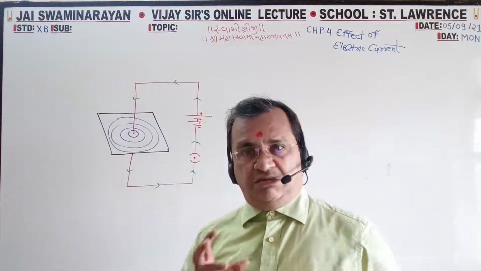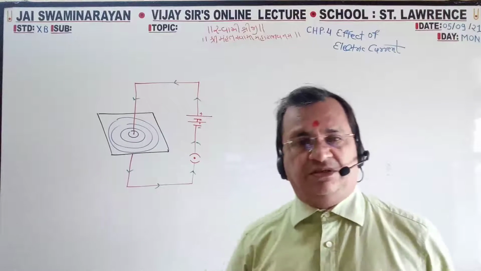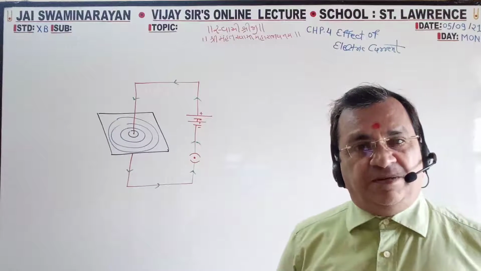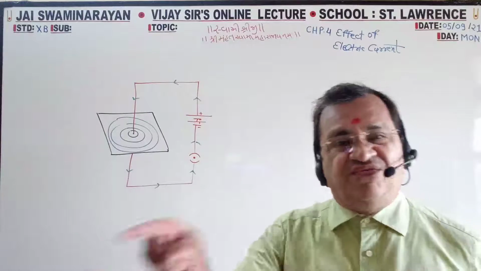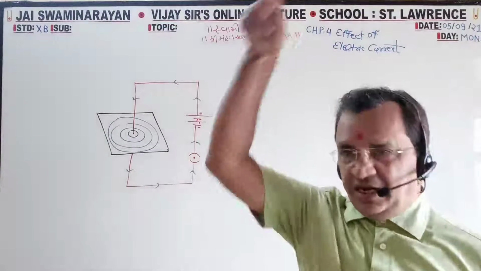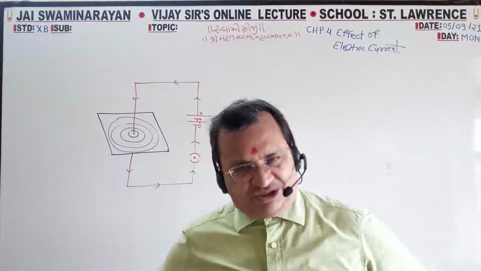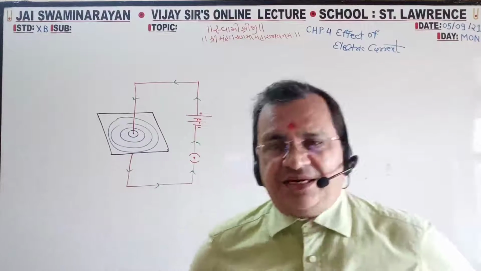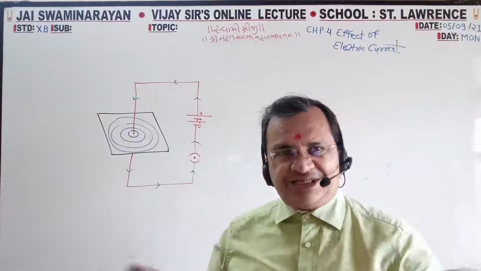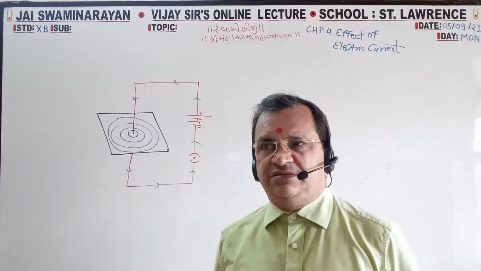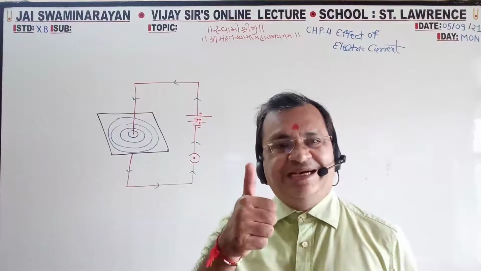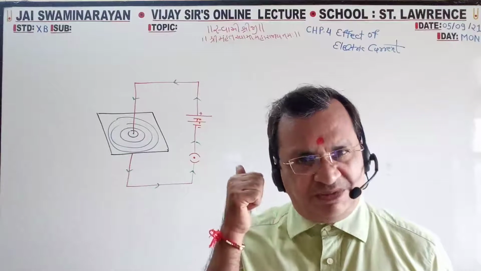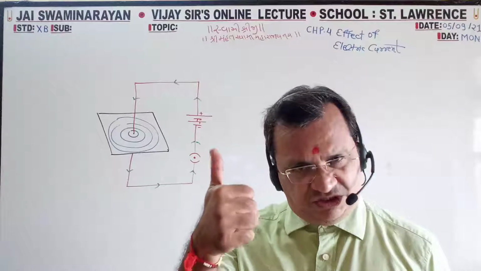Now there is a relation between the magnetic field direction and the electric current direction. That direction relation has been proved by the right hand rule. This is my right hand, this is the thumb.